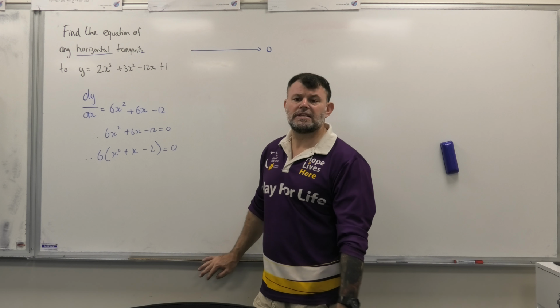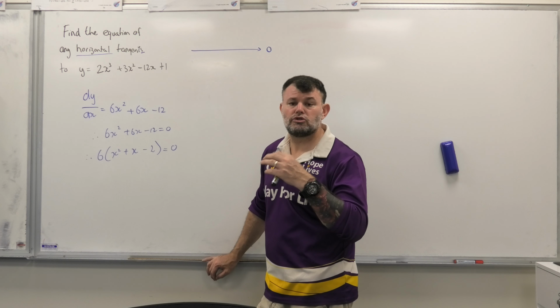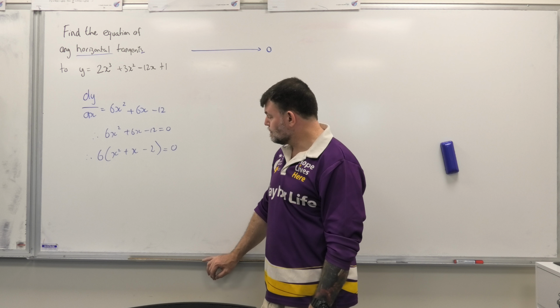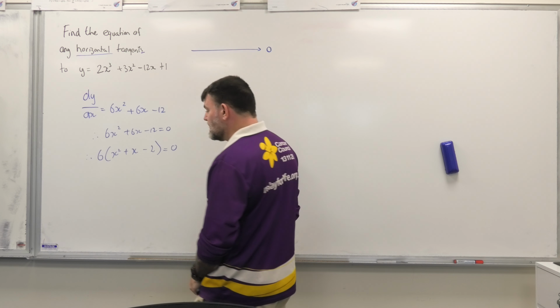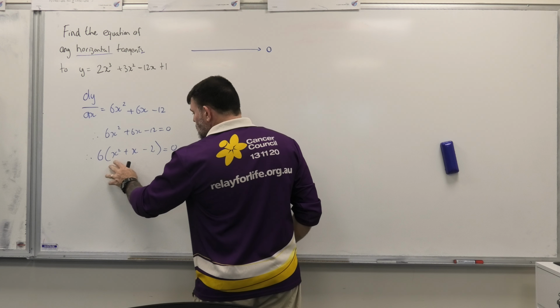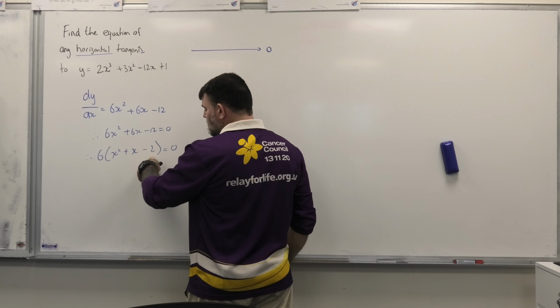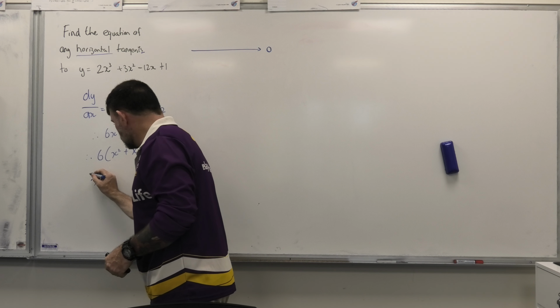Now, because I've factorised this out, I'm in a better position to find out what those 2 values for x are going to be. And we can use the null factor law for this. So we can ask ourselves, what 2 numbers multiply to give me negative 2, but when I add them, I get 1?